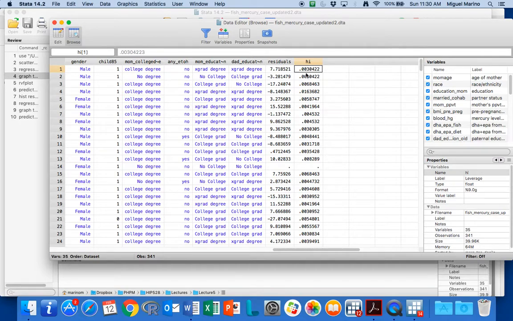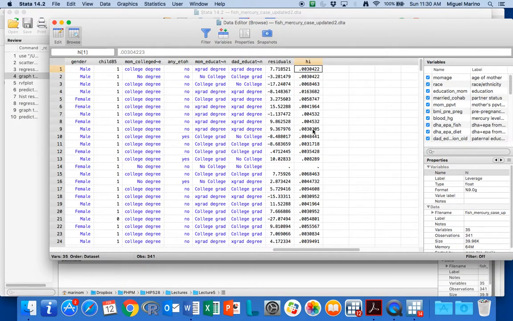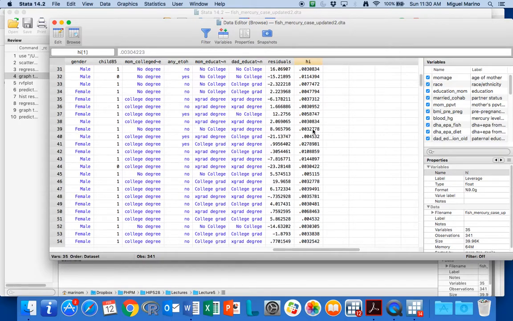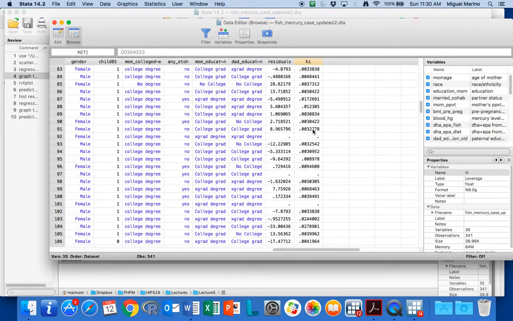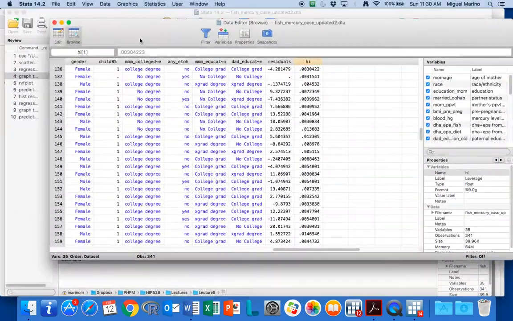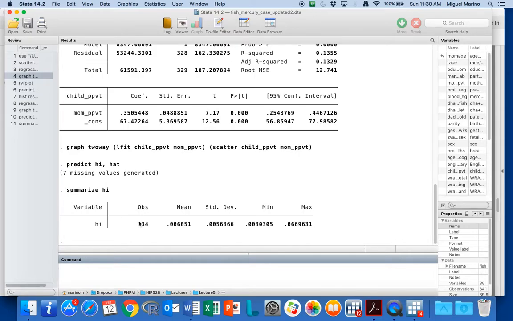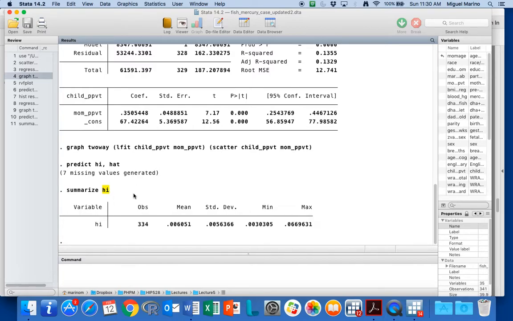For this first person, it's 0.003. Again, the rule of thumb is that a leverage value of 0.2 is considered large. So our goal is to see which of these has a value of 0.2 or more. Where I would start is to look at the summary: summarize HI calculates summary statistics for this leverage column I created.